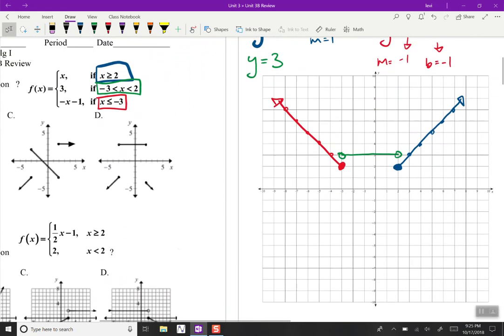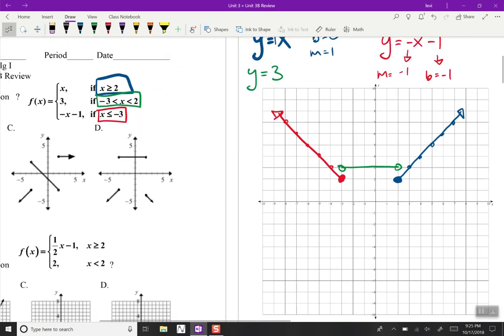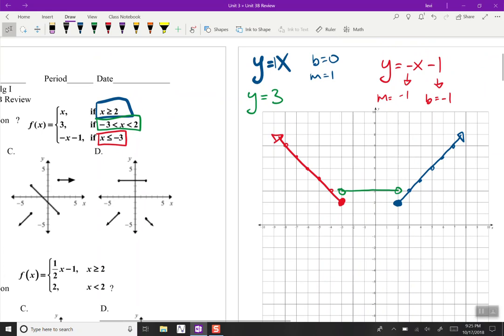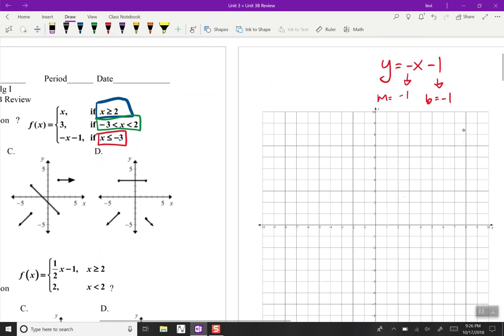Alright, so the same thing with this next one. I'm going to move just a little bit quicker when we do this. But here we go. Our next problem, same type of problem. Our first part says f of x equals 1/2 x minus 1.